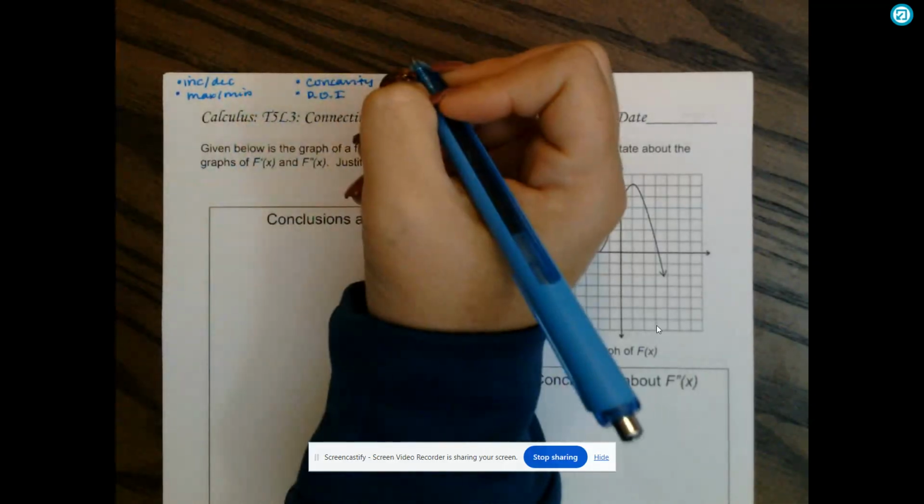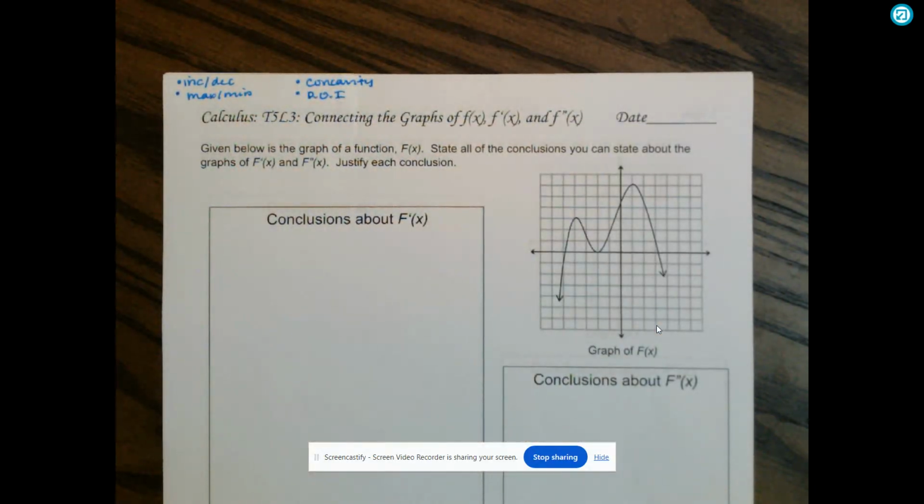Points of inflection. Okay. So those are the things that we want to think about whenever we're doing this.